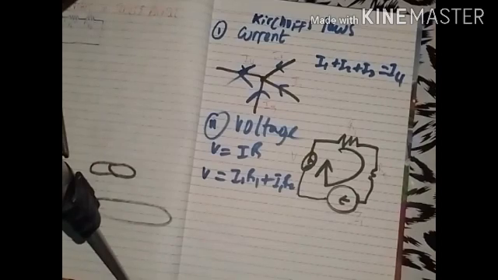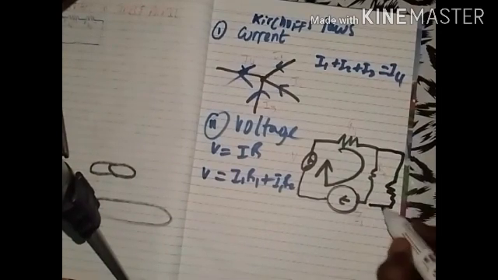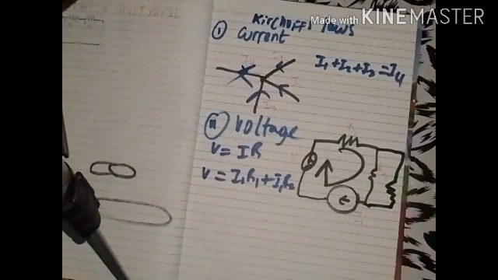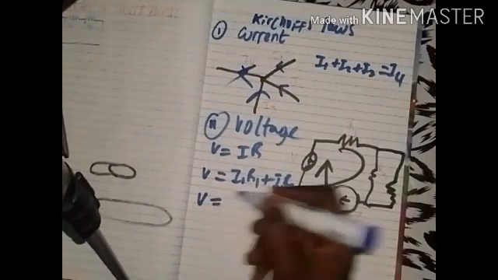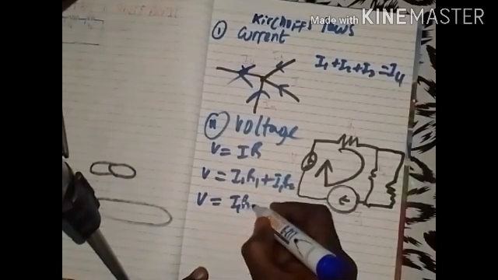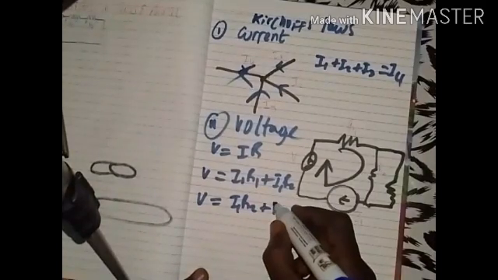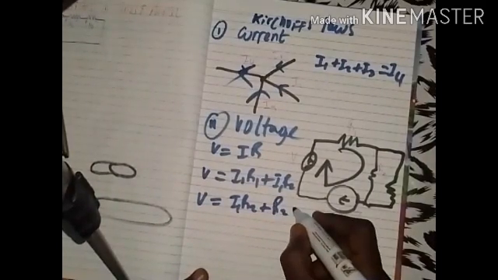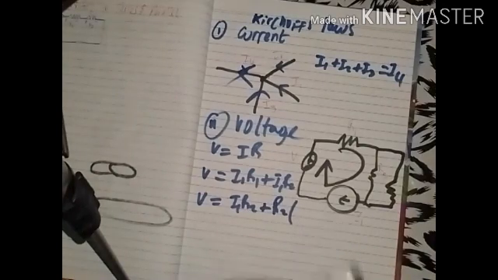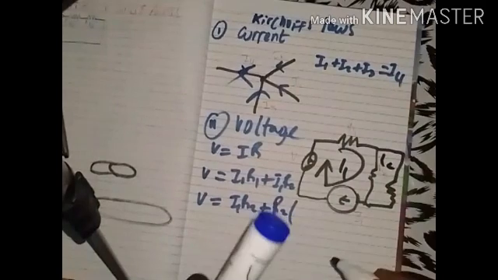Now, there are some particular situations where you're going to have another loop here. Remember, we don't have only one loop. In this case here, we're going to have V equals I1 R1. But in this case of this R2, let's say here we have I1, here we have I2.